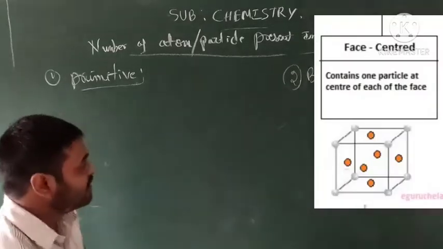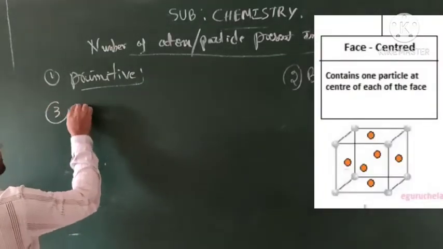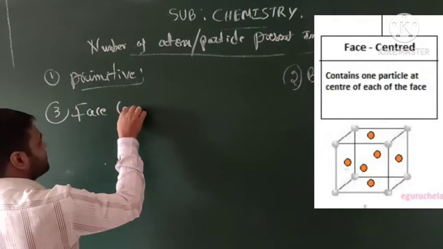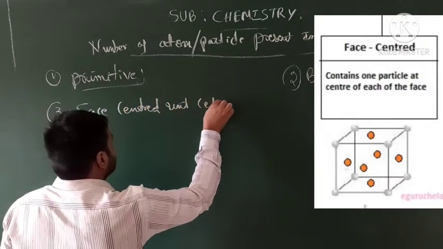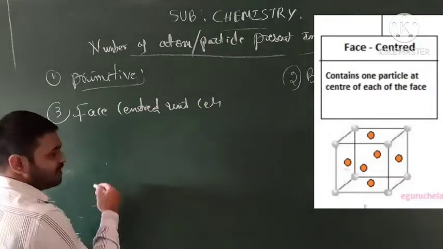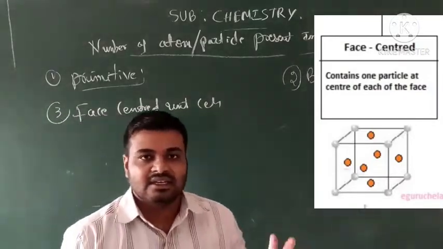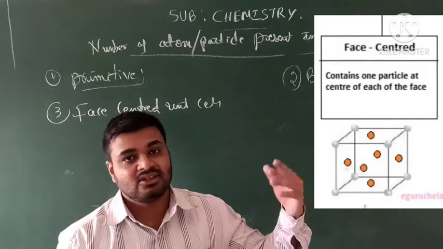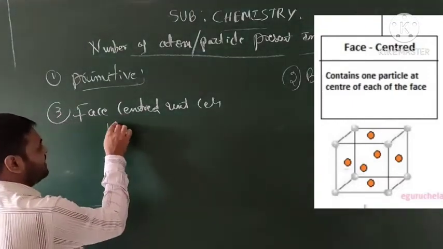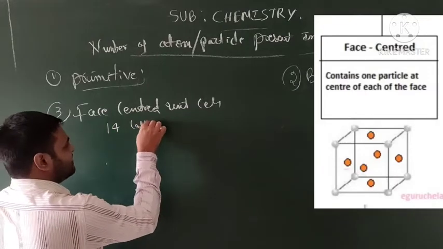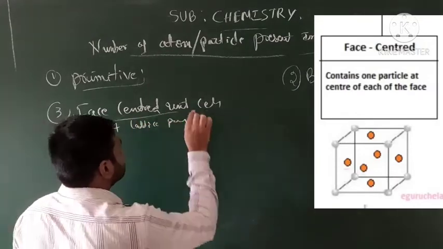Third one, face centered unit cell. How much is the face centered? We already know that face centered has 8 corners plus 6 faces, a total of 14 possible lattice points. Lattice points are 14 in a face centered atom.